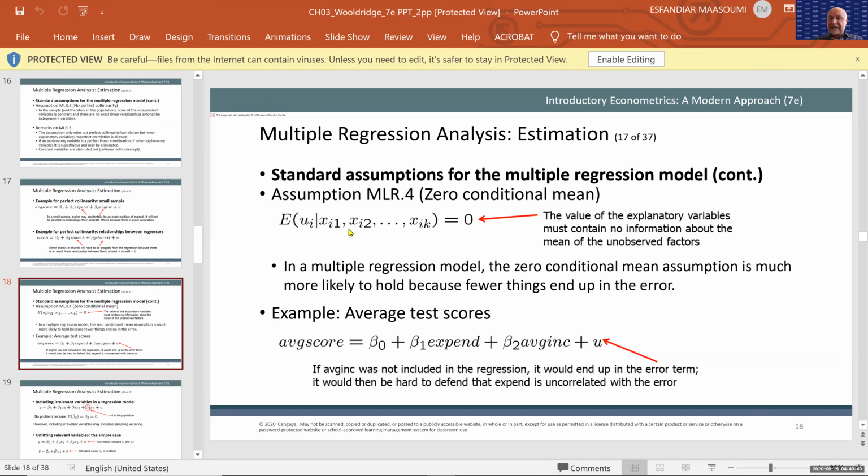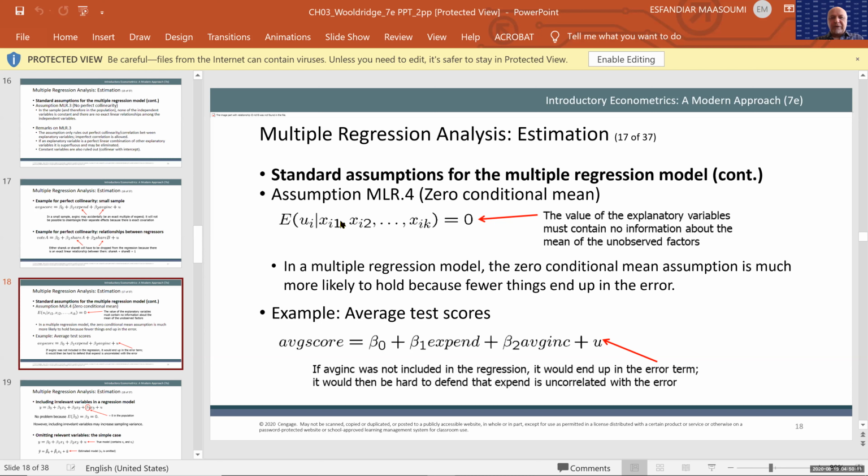The fourth assumption is the same as before. The expected value of u given x is 0. Here I have k x's. Conditional mean equal to 0. Zero conditional mean assumption. And this is more likely to hold now in a multiple regression compared to a bivariate regression.